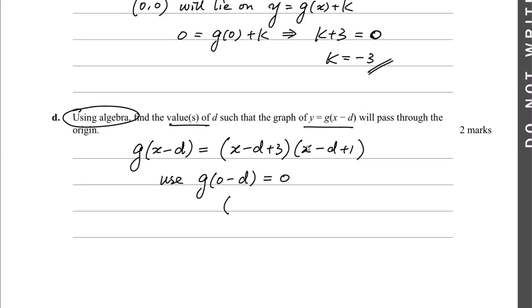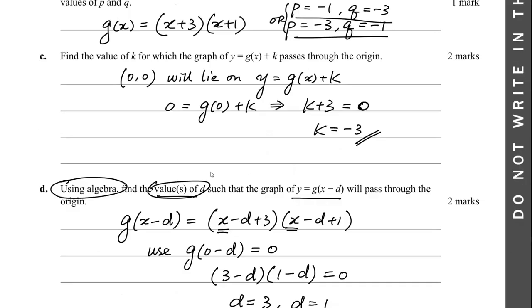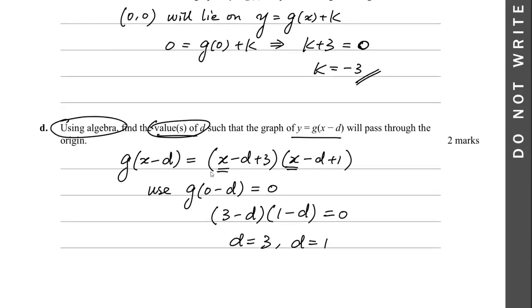Then you should have (3 minus d)(1 minus d) equals 0. Putting a 0 here and here. So d equals 3, d equals 1. I mean, some formulation with by-hand algebra is expected, and then both answers. That's why the question says find the values of d, and there are no other restrictions on the parameter d, so you should take both answers.